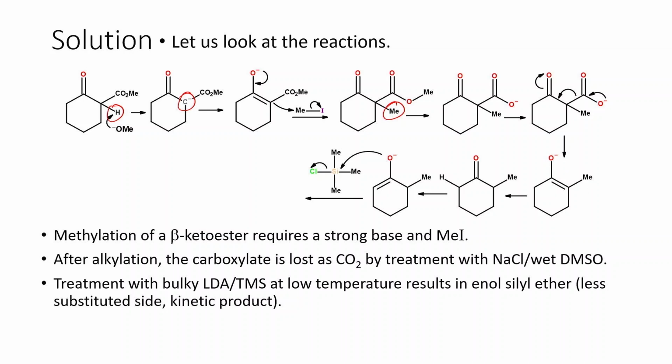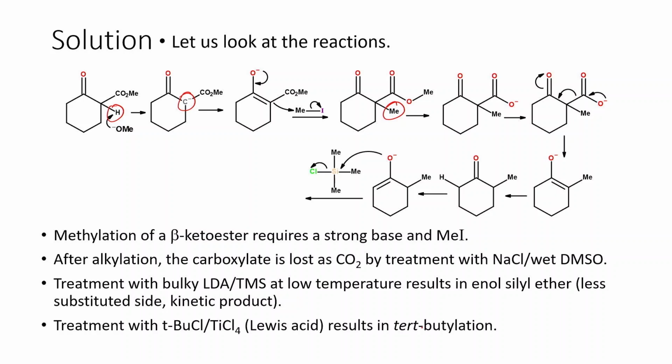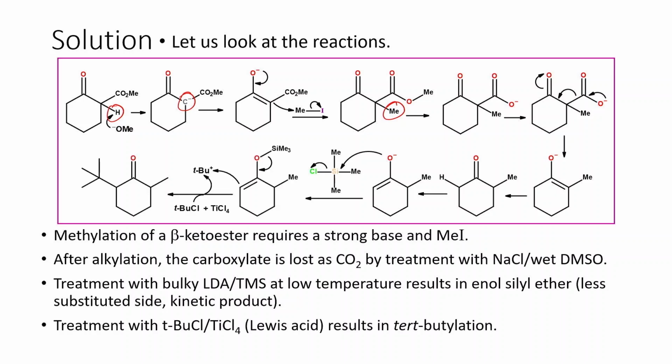So the ester group which is present in the starting material is hydrolyzed and eliminated to give the simple alkylation reaction. This is the first one. Once the alkylation takes place, we are going to protect this particular enol as the enol silyl ether, and then we will take it further to the last step, the Lewis acid catalyzed reaction.